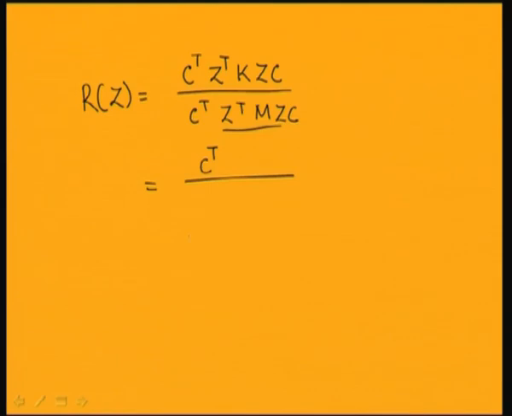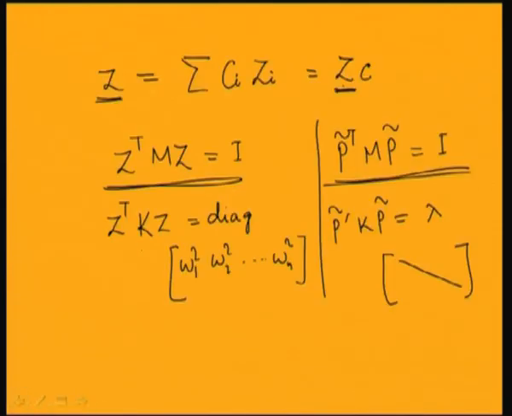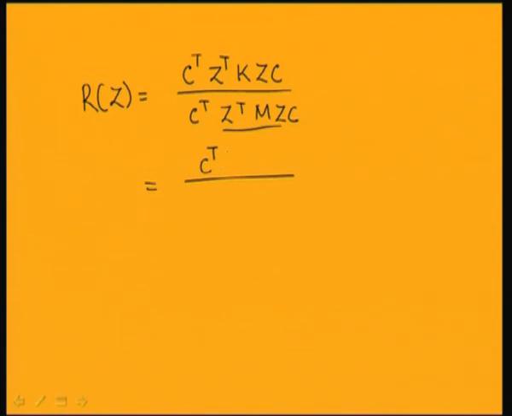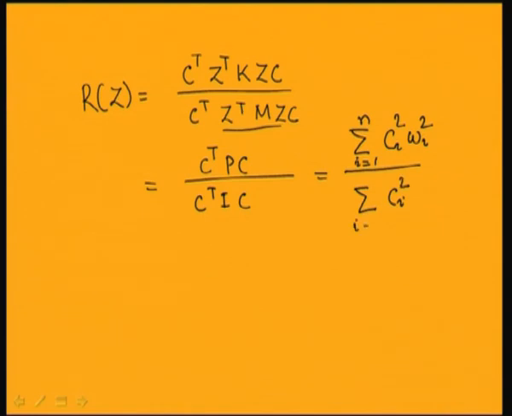If I write Z transpose K Z, the diagonal matrix, as the P matrix, then I can write this as C transpose P C divided by C transpose I C. This becomes the summation from i equal to 1 to n of C_i square omega_i square, divided by the summation from i equal to 1 to n of C_i square.